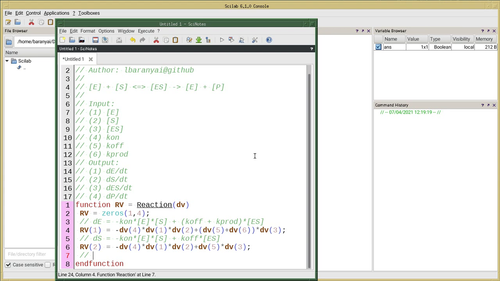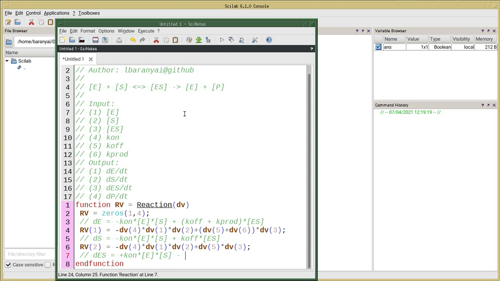What will happen with the next one, the enzyme substrate complex concentration? Of course, it will increase as the enzyme and substrate together form the complex. So plus k-on multiplied by enzyme multiplied by the substrate. Okay, this is forming it.